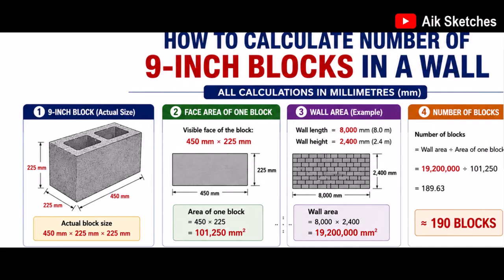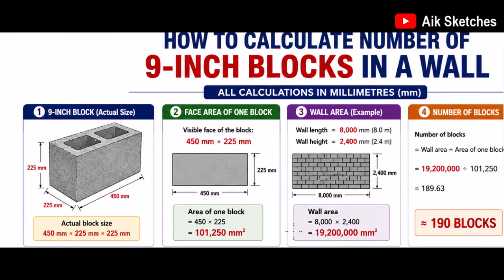So if the height is 2,400 millimeter and the length of the wall is 8,000 millimeter, the wall area will be equal to 8,000 times 2,400, which is equal to 19,200,000 millimeter squared. Okay, so that is the wall area.